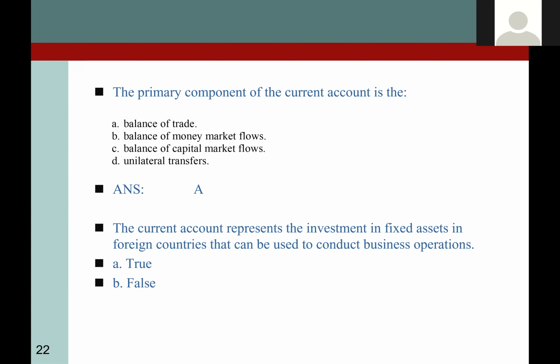False because it also has services, and that's not fixed assets. Okay, but that is not the key point. We'll tell in the answer. But why true? Why did you say true? Any reason behind it?